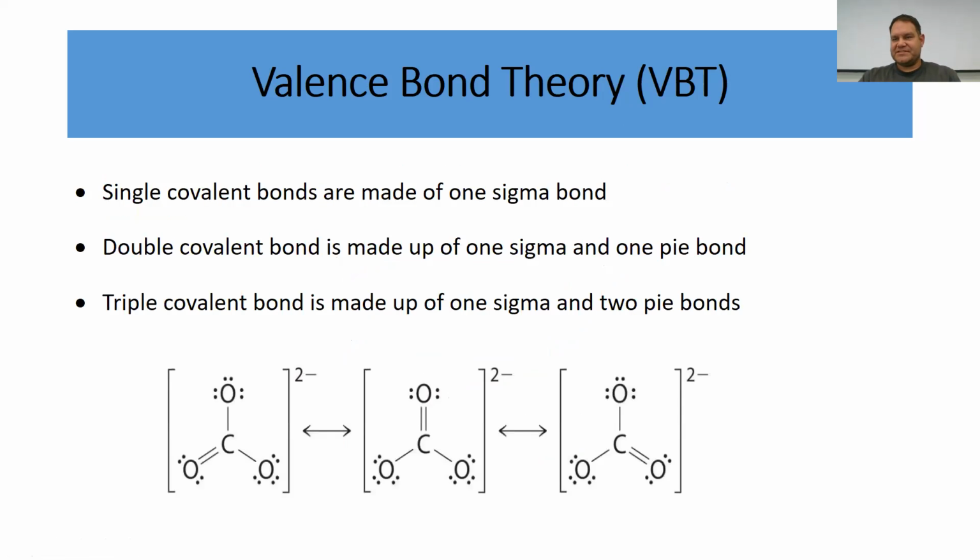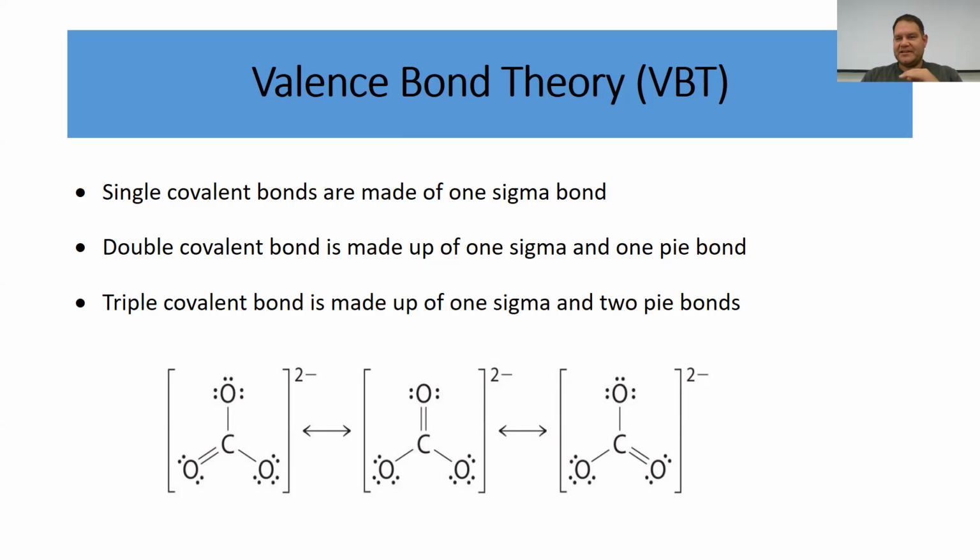All right, so to summarize everything, because this is what I think you need to walk away with in this lesson, is to understand that there are two types of overlapping that can occur. A sigma bond, which is head-to-head overlapping. Single bonds are only made up of sigma bonding.